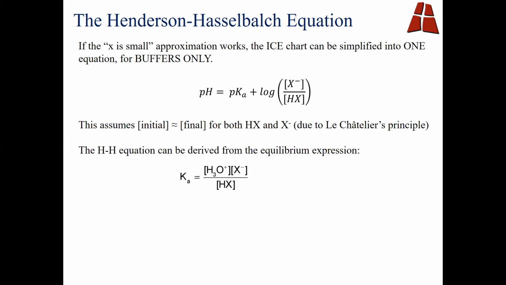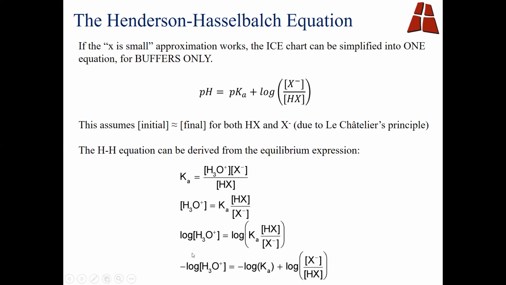If we were to go through deriving this, this actually comes directly from our equilibrium expression. So if we have our general equilibrium expression here, we switch H3O plus and Ka, rearrange the equation like that, then take the log of both sides. This would be what that looks like.